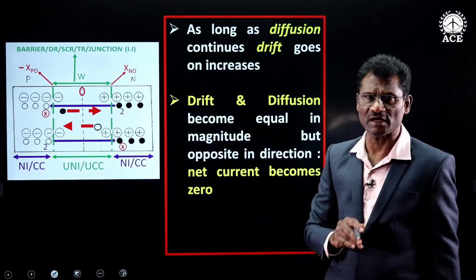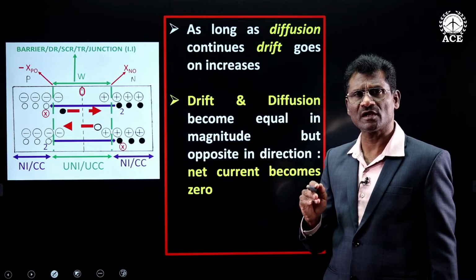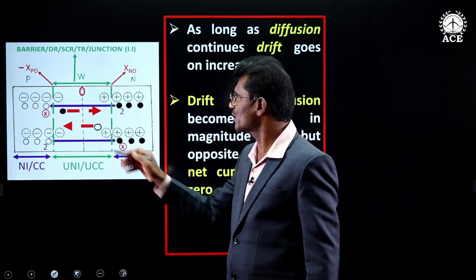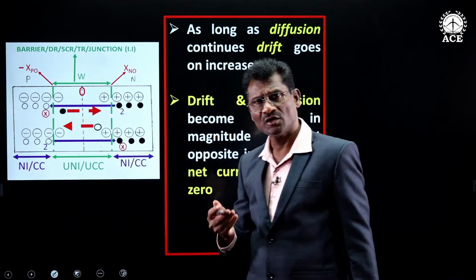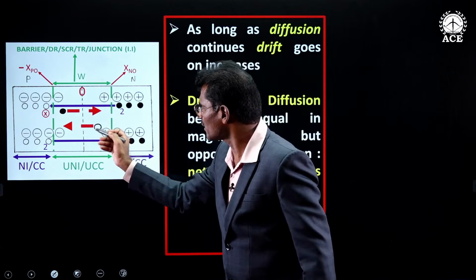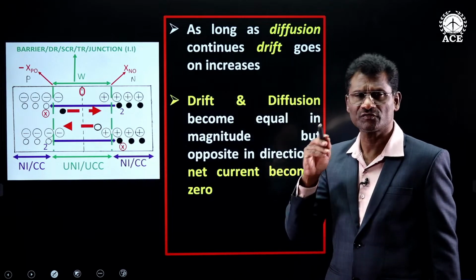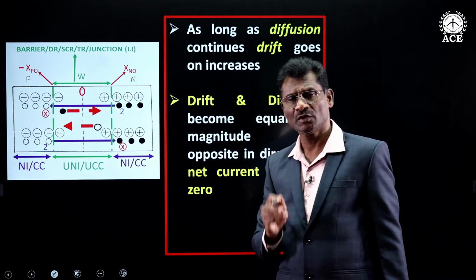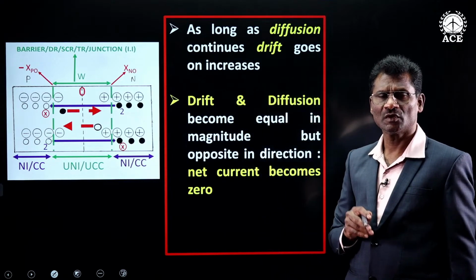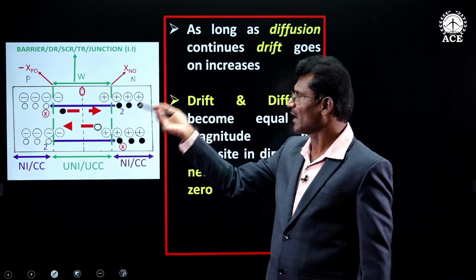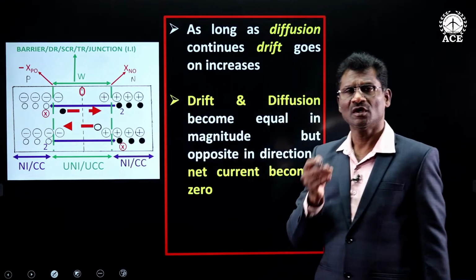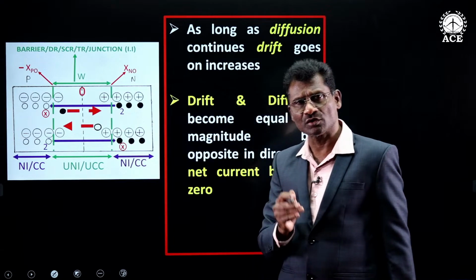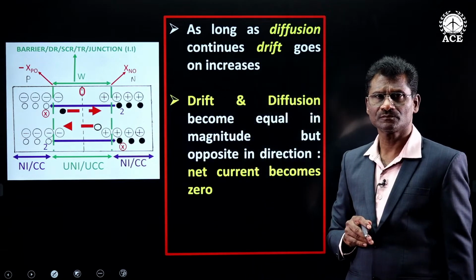Drift is 0 and say diffusion has started. Once diffusion starts, electron hole pair recombination occurs. Positive and negative ions get created at the center which attract minority carriers and give drift current. So initially drift was 0, diffusion has started and drift has come into existence. Assume that this drift in magnitude is less than diffusion.